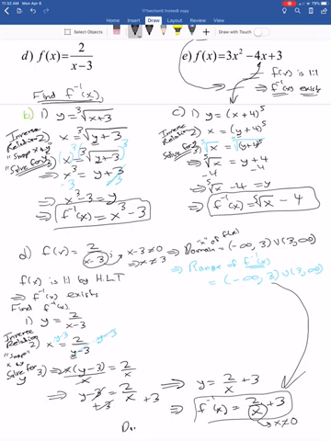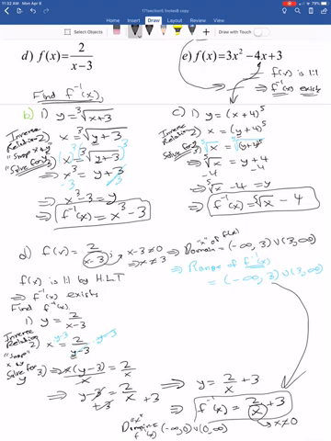So the x values for our inverse function, f inverse of x, should be all real values less than 0, negative infinity to 0, or all values greater than 0, which should be the range of the f function, which we can go back and look at.